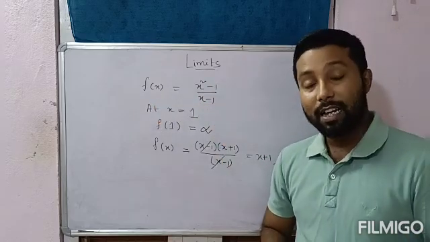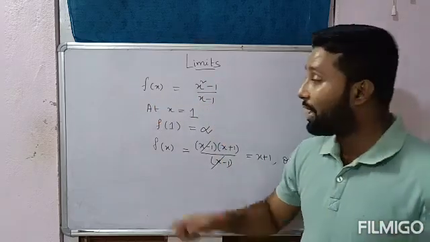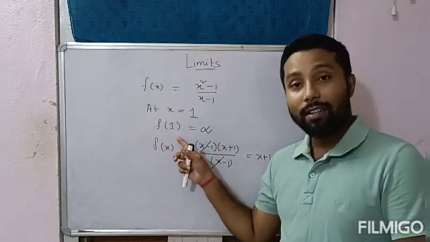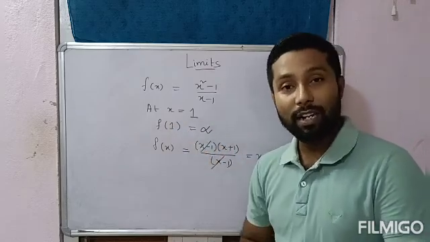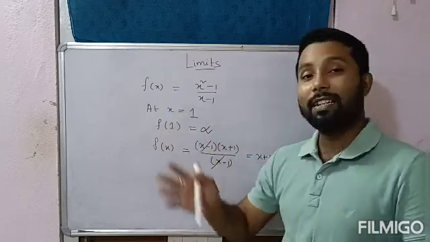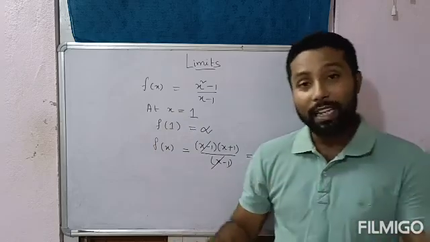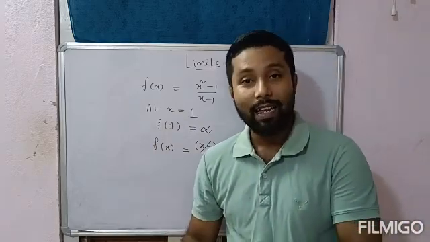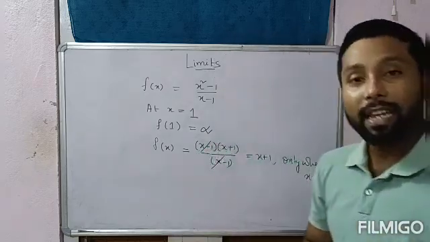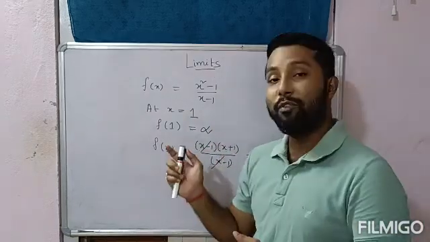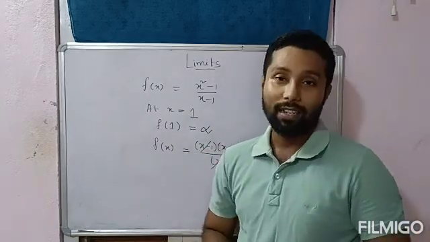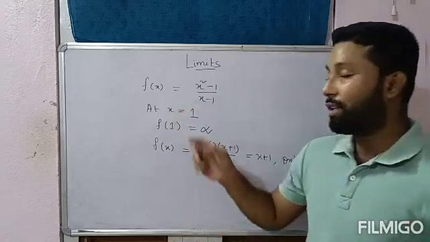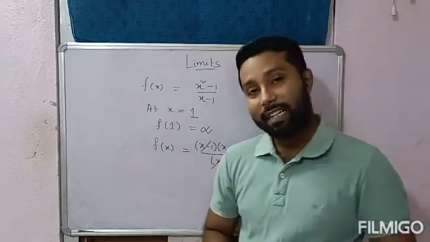But if you want to find the value of f of 1, then the result will be undefined. So to get a defined result, meaning a definite value, we cannot put the value of x as 1. You can put any values other than 1. Yes, in this function we can put any value other than 1.